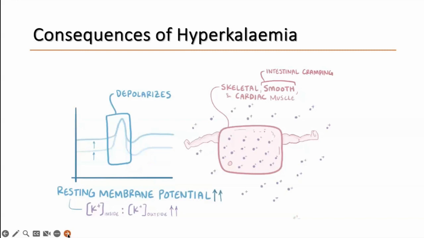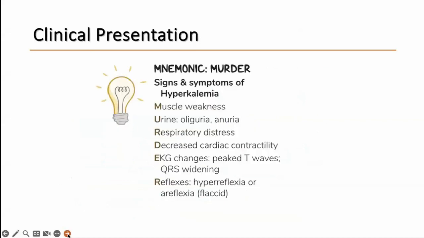If you can go next slide. If you are a fan of mnemonics, there is a nice, helpful mnemonic that we can use for the clinical presentation, the signs and symptoms. So it's MURDER. So muscle weakness, like we said, your skeletal muscle. Urine, you're going to have an oliguria or an anuria. That's looking more into what could be causing your hyperkalemia.